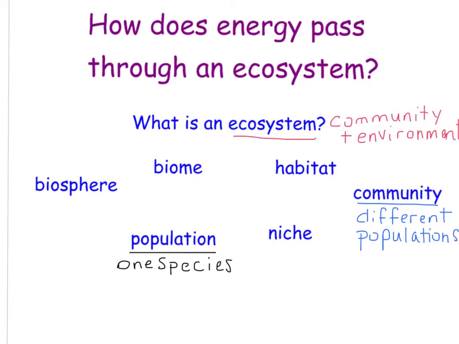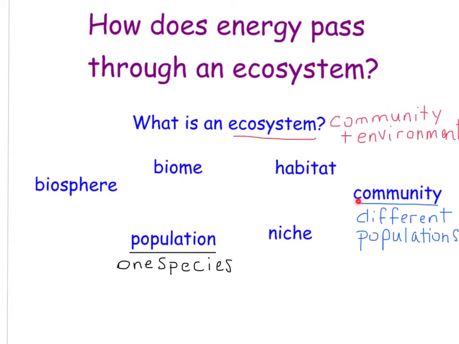So if we kind of work backwards, here we have our population is one species in a particular area. A community would be multiple species, multiple populations in that area. And the ecosystem is the community plus its environment.